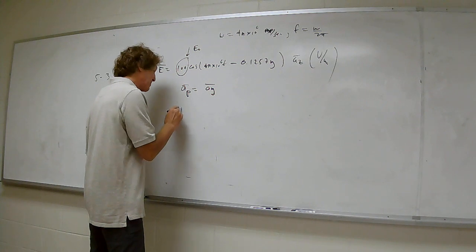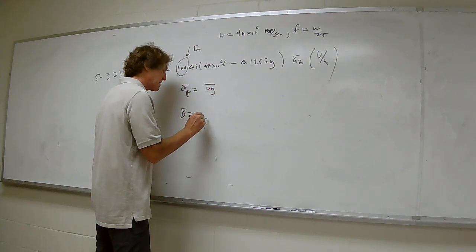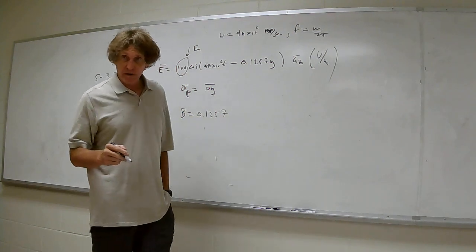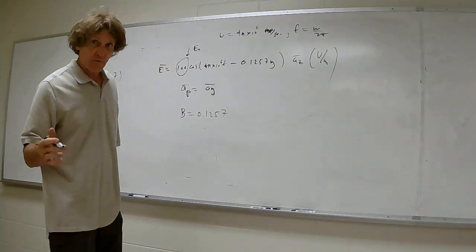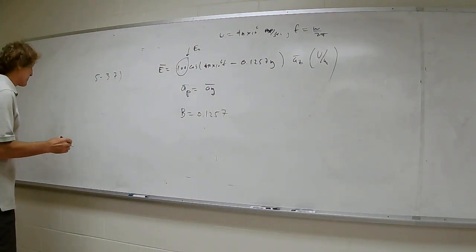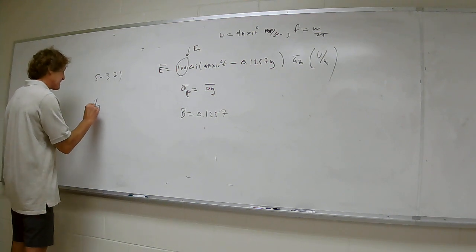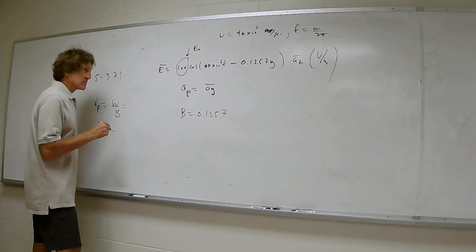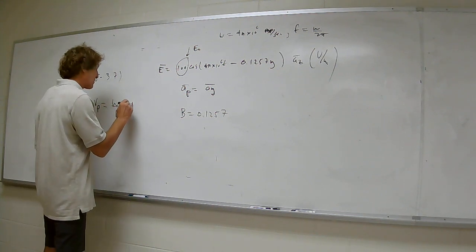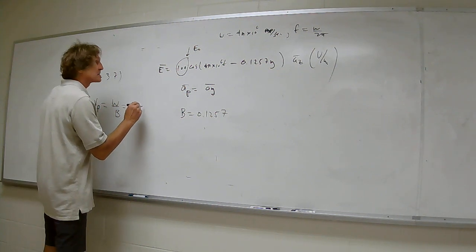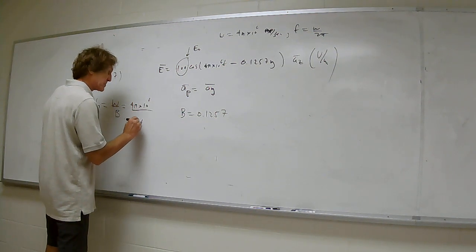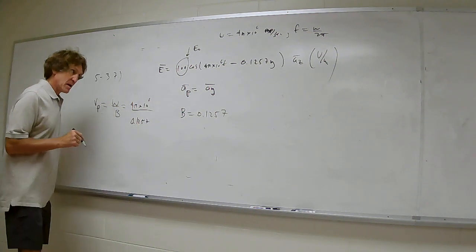And what's beta by looking? 0.1257, and that's radians per meter. Next, we can find the phase velocity, if asked. That would be omega over beta. So 4 pi times 10 to the 6th divided by 0.1257.